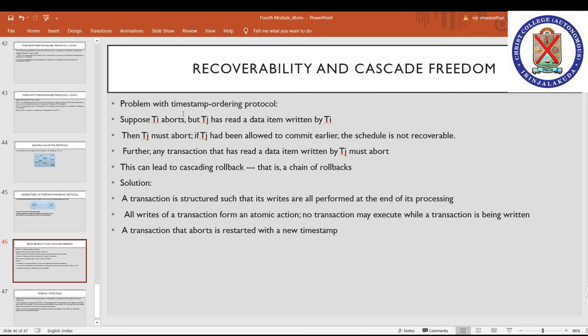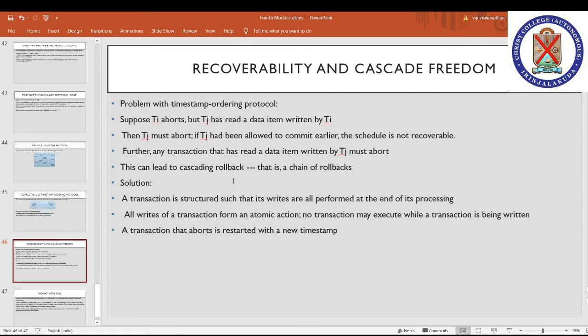Consider this: Ti aborts but Tj read a data item written by Ti. Okay, Tj must abort. If Tj had been allowed to commit earlier, then this schedule cannot be recoverable. Further, any transaction that has read a data item written by Tj must abort. This can lead to cascading rollback.